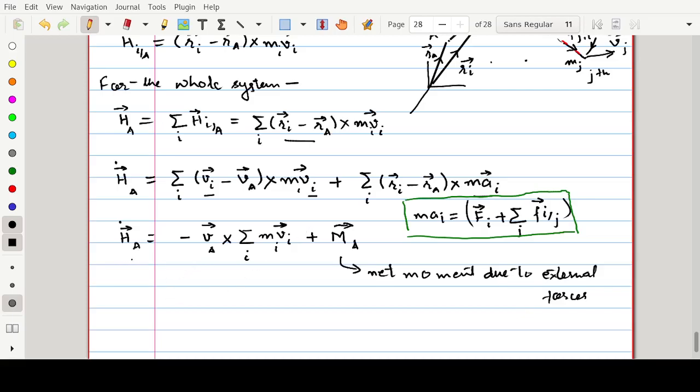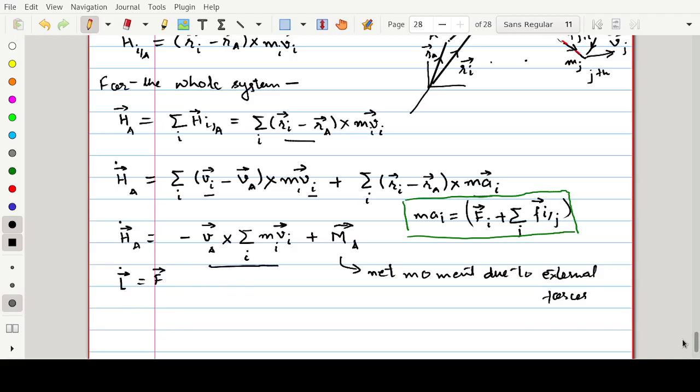So if I want to get a relation which is analogous to my relation for linear momentum, that is, for linear momentum I have L dot is equal to sum of all external forces, something like this, then I have to make this term 0.